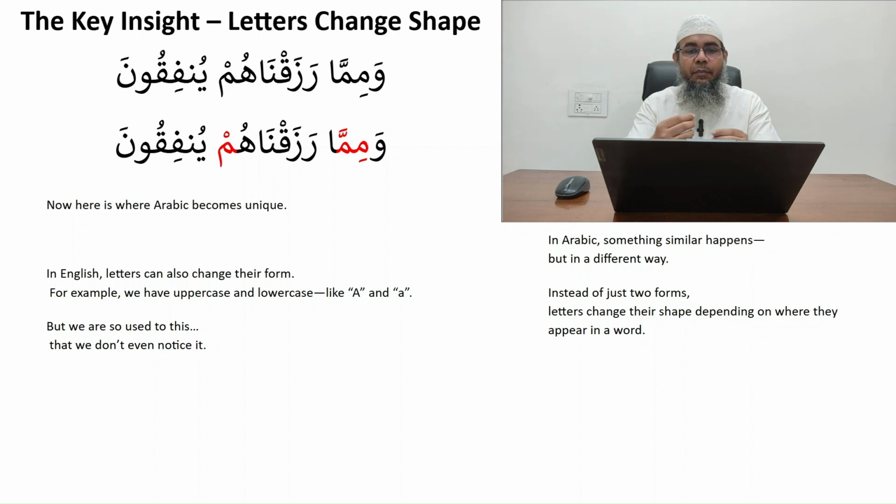For example, we have uppercase and lowercase, like capital A and small a. Technically, it is called majuscule and minuscule. But we are so used to this that we don't even notice it. In Arabic, something similar happens, but in a different way. Instead of two forms, letters change their shape depending on where they appear in a word.